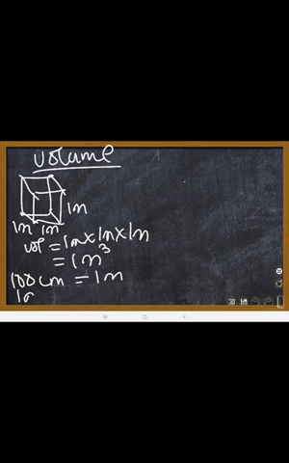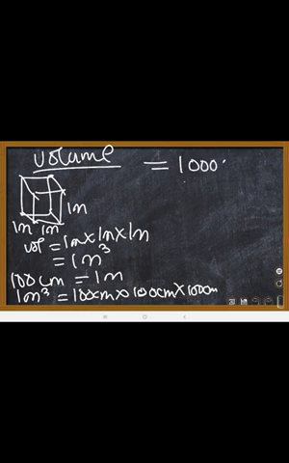So therefore, 1 meter cube will give us 100 centimeter times 100 centimeter times 100 centimeter, which is equivalent to 1 million centimeter cube. So 1 meter cube equals 1 million centimeter cube.